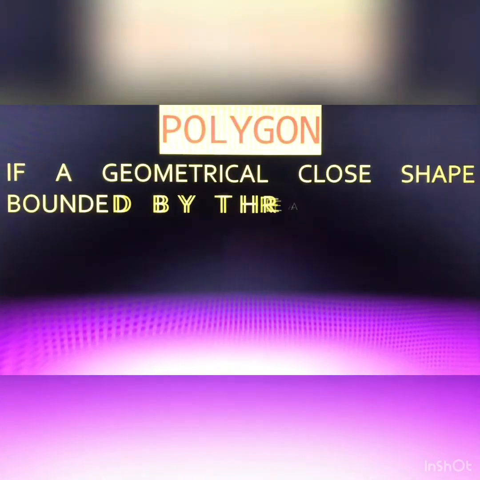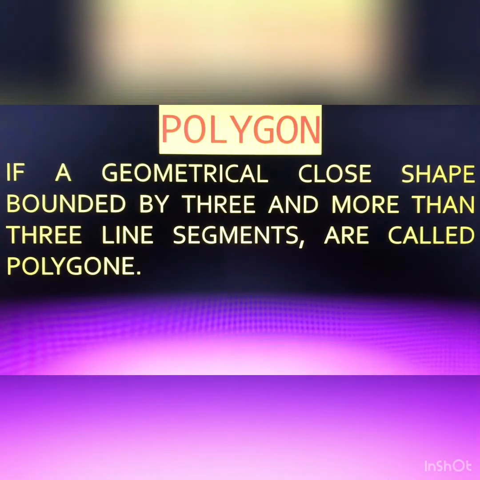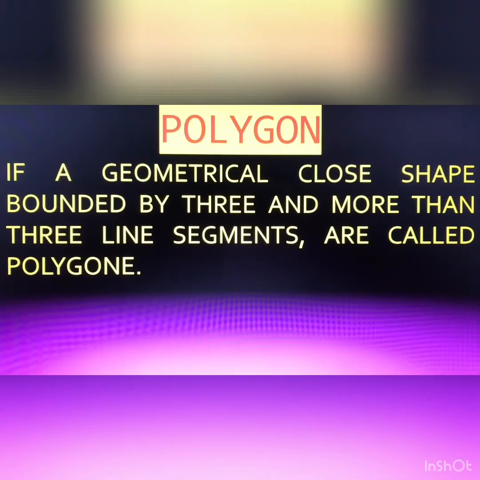If a geometrical closed shape is bounded by 3 or more line segments, it is called a polygon.